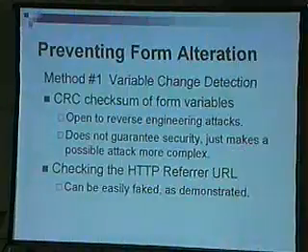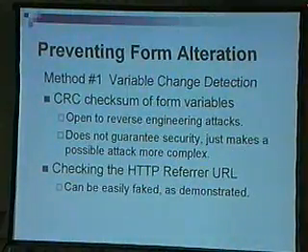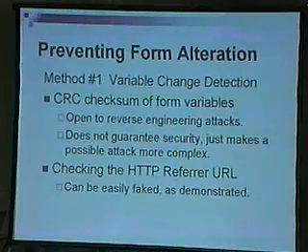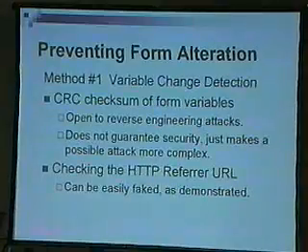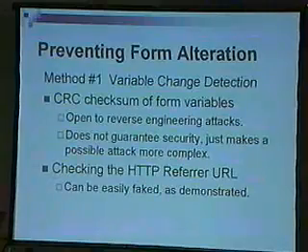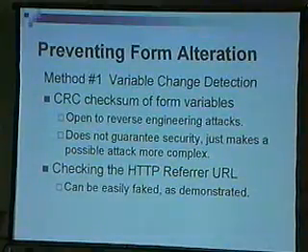Now, for preventing form alteration, I've got to go quickly because I'm running out of time. You can do a CRC variable checksum so that you know the data hasn't been altered, but that can be reverse engineered, so it just obscures it a little bit. Again, you can check the HTTP referrer, but that can be faked, as demonstrated.